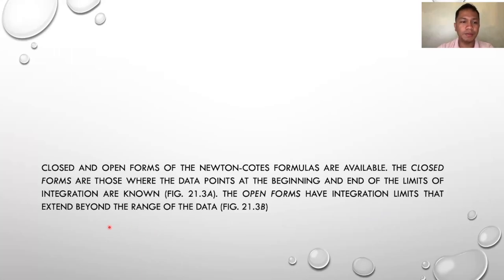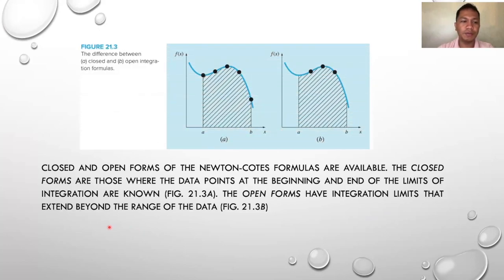Closed and open forms of the Newton-Cotes formulas are available. The closed forms are those where the data points at the beginning and end of the limits of integration are known. So the first and the last, or the end limits, are known. On the other hand, the open forms have integration limits that extend beyond the range of the data. As you can see, there are no known points at the end of the data.